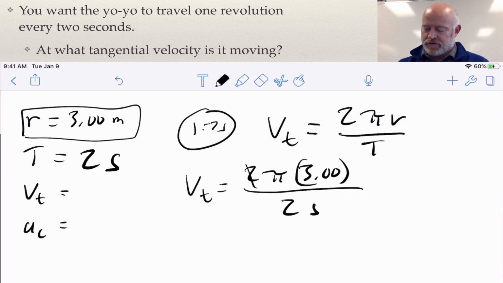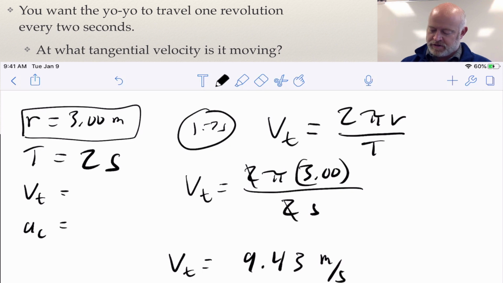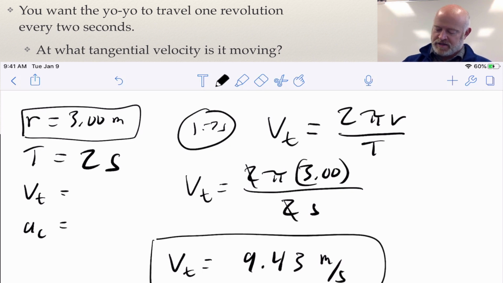Well, I have 2 and 2 in here, so really my velocity tangent is just 3 times pi. Taking 3 times pi, my velocity tangent is 9.43 meters per second. That's the first part.